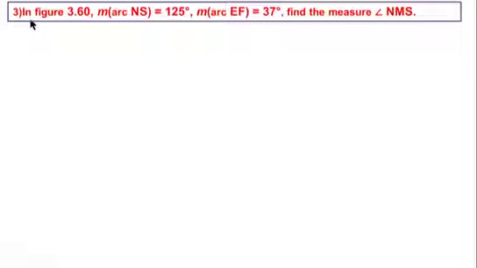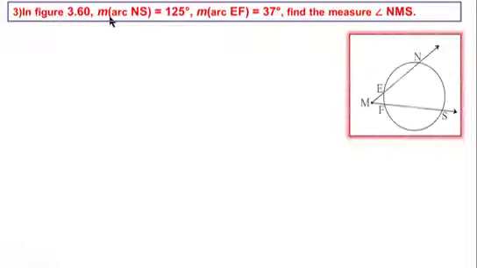Example number 3. In the figure, measure of arc NS is equal to 125 degrees. Measure of arc EF is equal to 37 degrees. Find the measure of angle NMS.